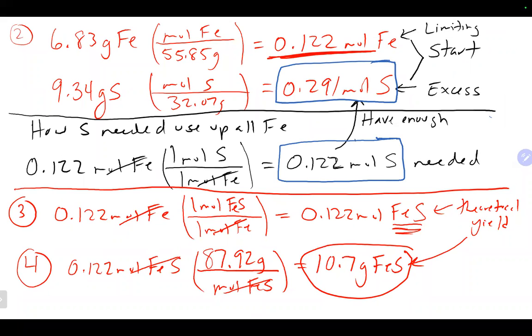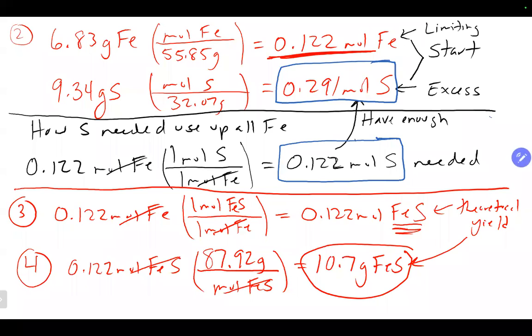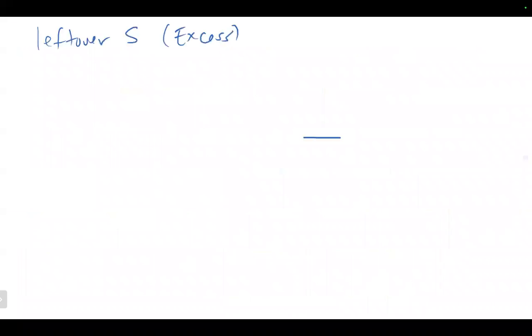So if we were asked how much of that's left over, I'm just going to flip the page so I got somewhere to write. So the leftover sulfur in this case, which is our excess reagent, again would be what we started with there, 0.291 minus what we needed was 0.122 moles. So started, needed.